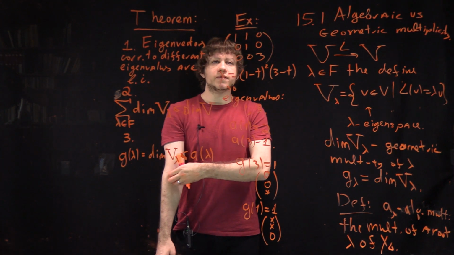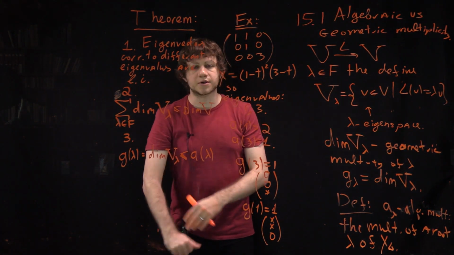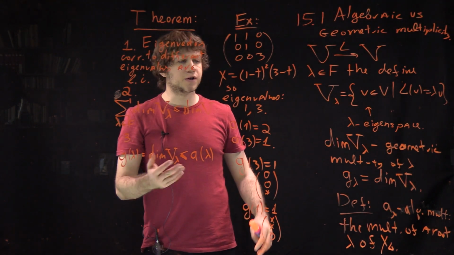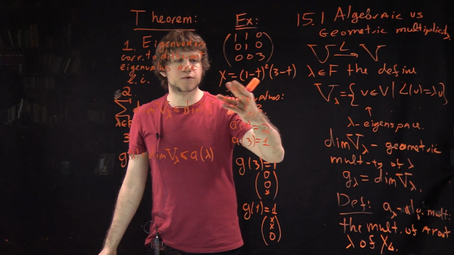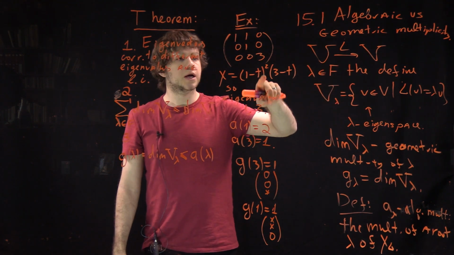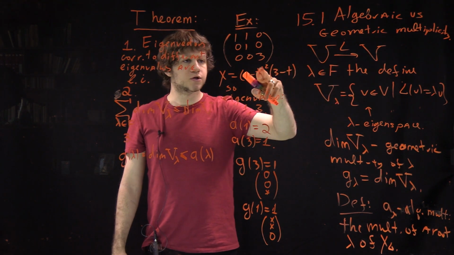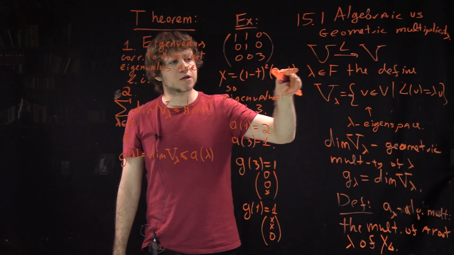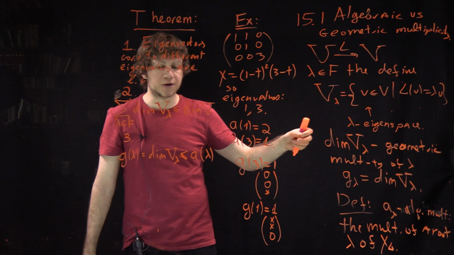If you work over complex numbers, then as we will discuss a little bit later, from the fundamental theorem of algebra it follows that your characteristic polynomial can be expanded in linear terms with some integer powers, and so you immediately know all algebraic multiplicities by just looking at the terms and their powers.